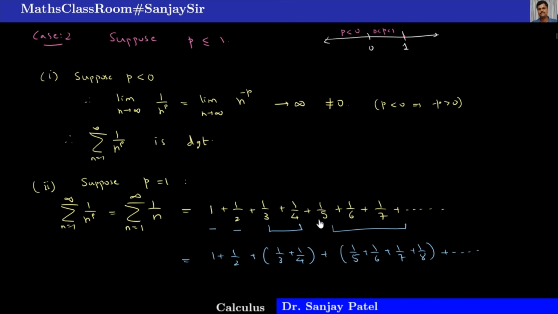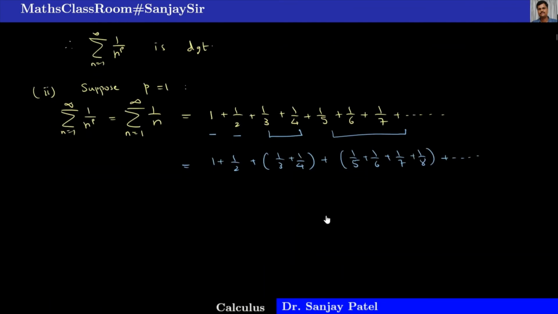And this is greater than 1 plus 1 by 2 as it is. Among these two terms, I want to replace each by the smallest term, that is 1 upon 4.